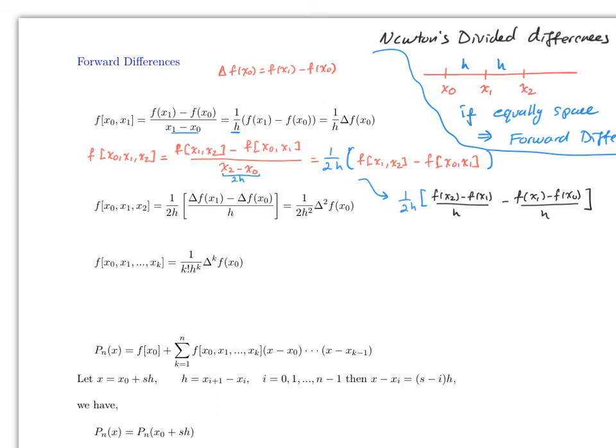So you can take the h out, so this will be equal to 1 over 2h squared. And then by definition, f of x2 minus f of x1 will just be delta of f of x1, and then this will be delta of f of x0, which by the same definition of delta again, will be just delta squared of f of x0. So that's how we get this formula.